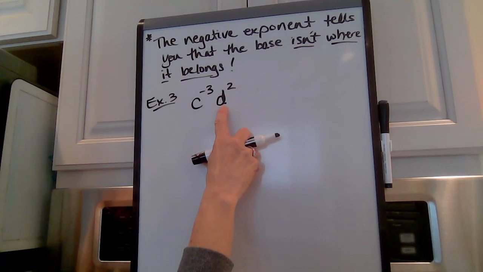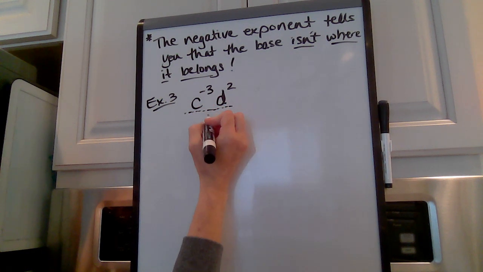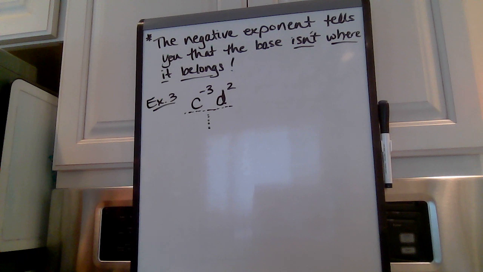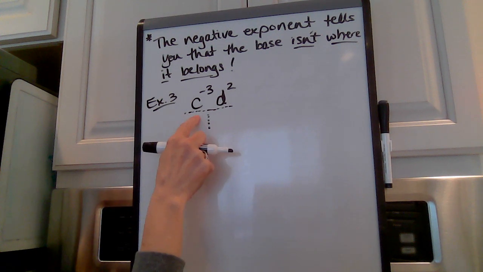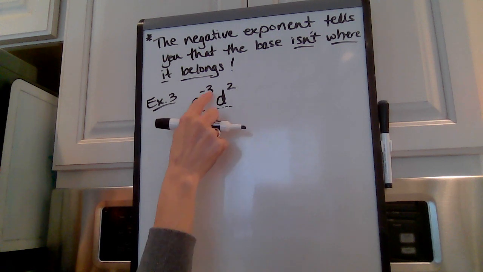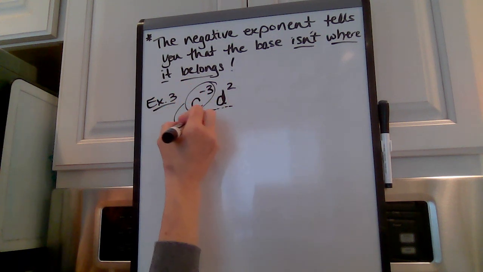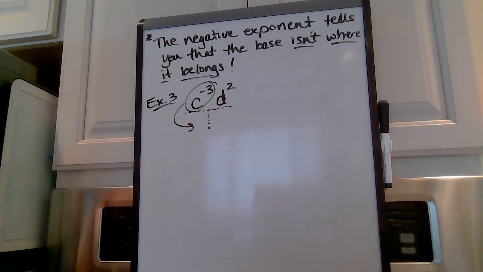If we wanted to turn this into a fraction, it would be over 1, and it is sitting right where it belongs in the numerator. But this c to the -3 is saying that the c to the third power really belongs in the denominator. There were more c's in the denominator.